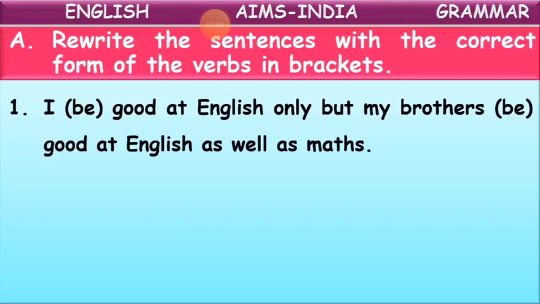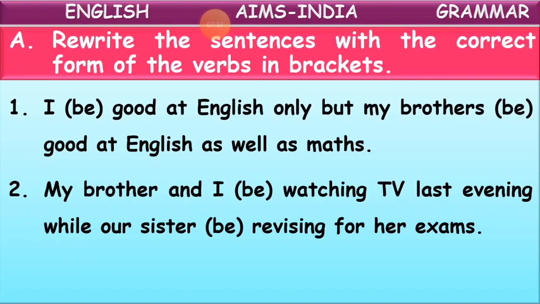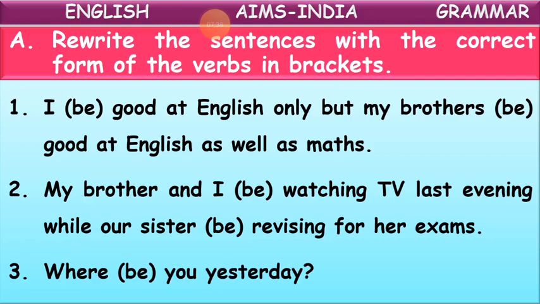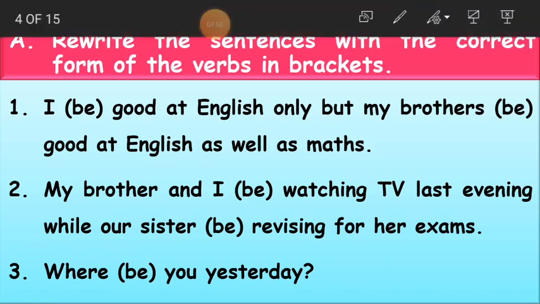See, rewrite the sentences with the correct form of the verbs in brackets. So you try to give me the answers through this live chat. Okay, I'll just check it. And here what we have to do, we are having the verb forms in the brackets. So whatever there is in the brackets, these are the verb forms.